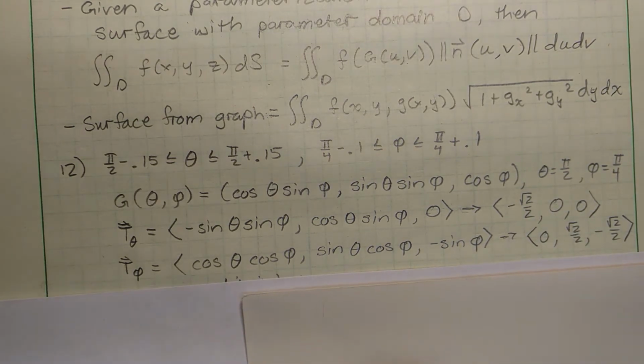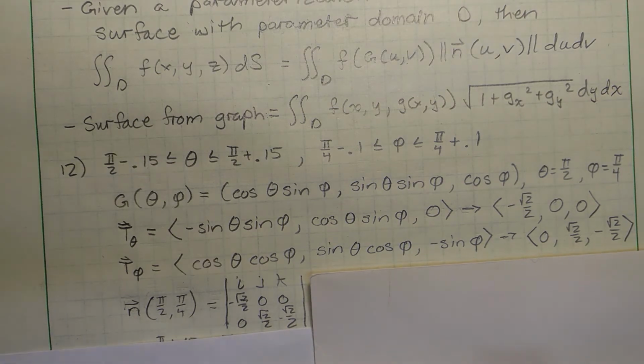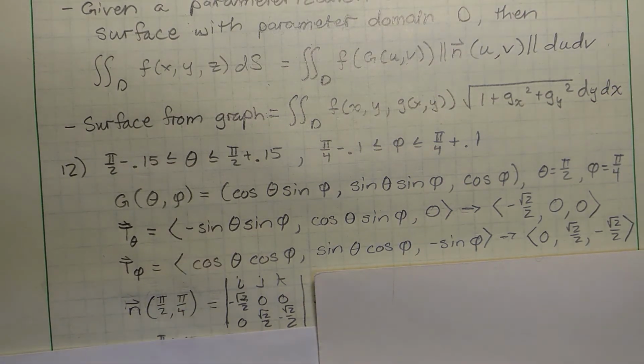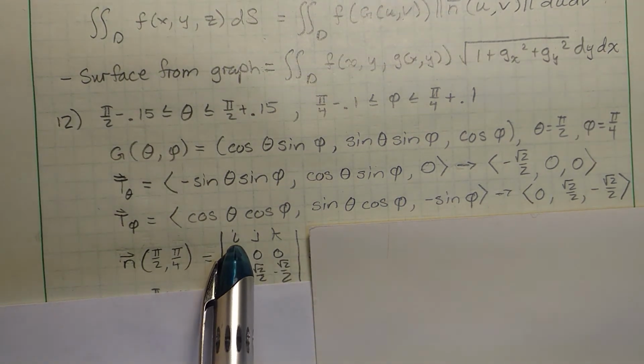So now to get our normal vector at that particular point, we take the cross product. Plugging in here and getting our cross product, the first component is just 0.